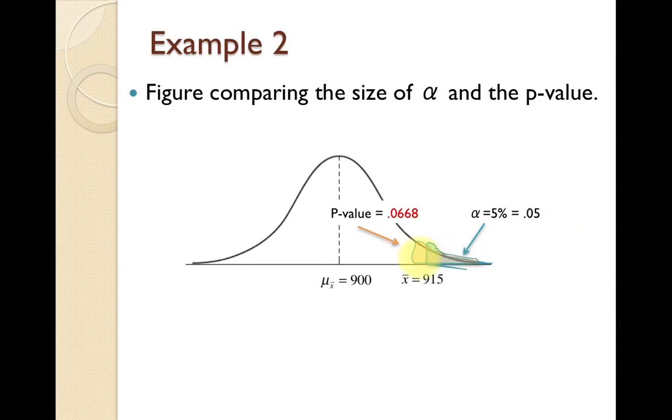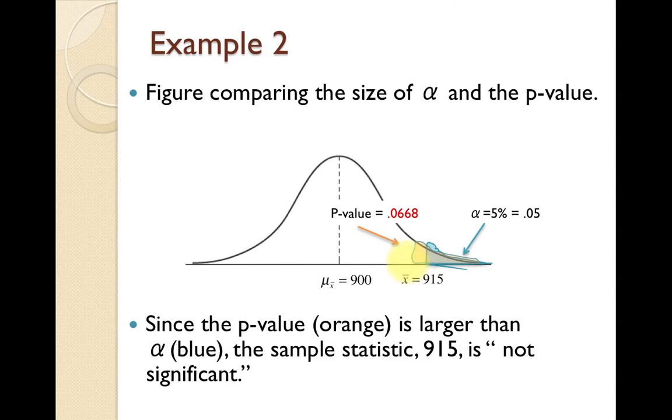If you take a look at where the vertical line for 0.0668 is on the horizontal axis, versus where the vertical line for alpha is, the 0.0668 is going to be further to the left, which is closer to the population mean. Okay, it means it's not sufficiently far enough away from the population mean for this to be a significant result.